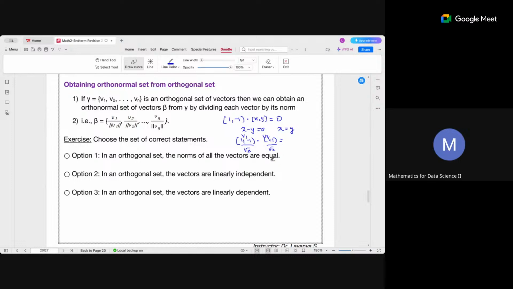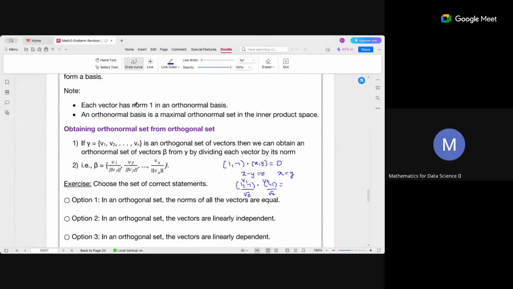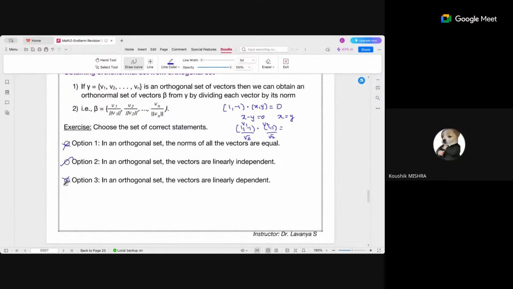Only for an orthonormal set do you know that each norm is 1. But for any orthogonal set, this is not at all true. So this option is incorrect. In an orthogonal set, the vectors are linearly independent. True. In an orthogonal set, the vectors are linearly dependent. Of course, false.